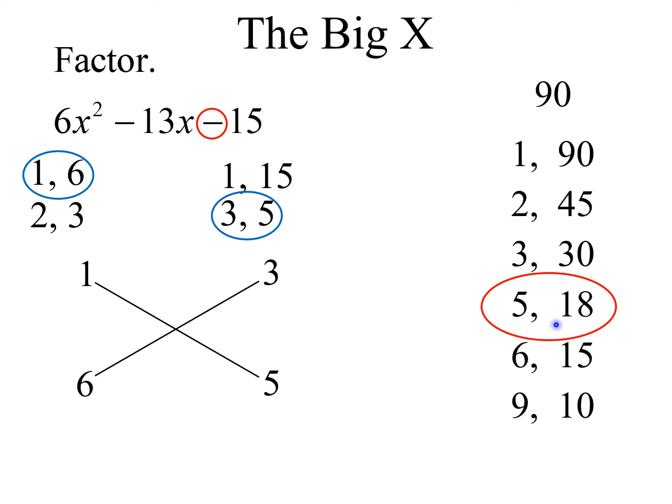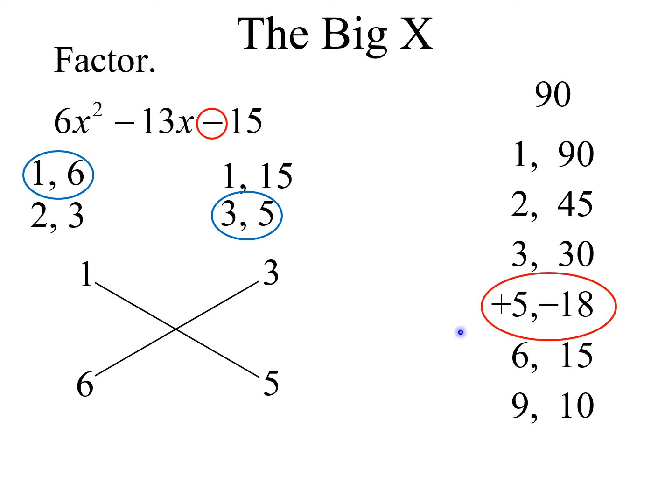And so if you go 18 plus 5, you're not going to get the negative 13. How could you get negative 13 by maybe putting some signs in front of one of these? Well, maybe if the 18 was negative and the 5 was positive. So that's what we're going to do. That happens to be step 8.